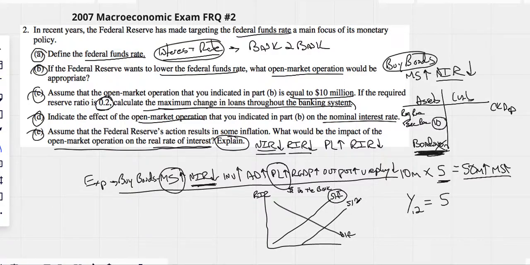As the supply of loanable funds increases, it's got to drive down the real interest rate, or the price of money. Usually they're going to want you to explain it, talking about what the nominal interest rate does. The real interest rate does the same thing. And if the price level's going up, obviously it's driving down real numbers or the real interest rate. We could also have shown it in a graph if we had to back up what we're saying.